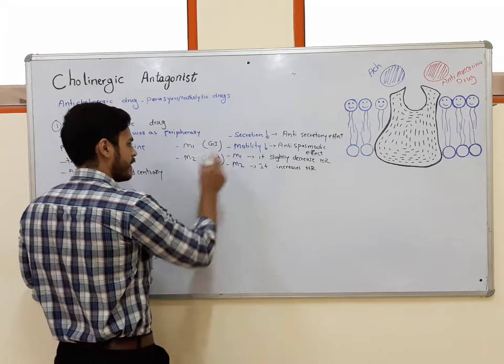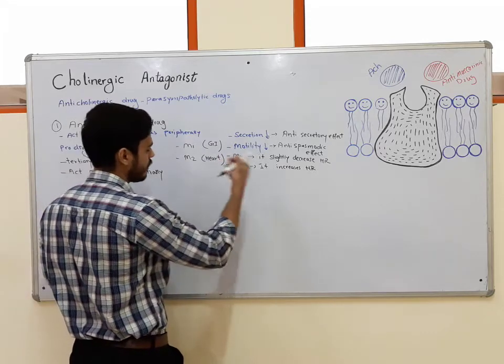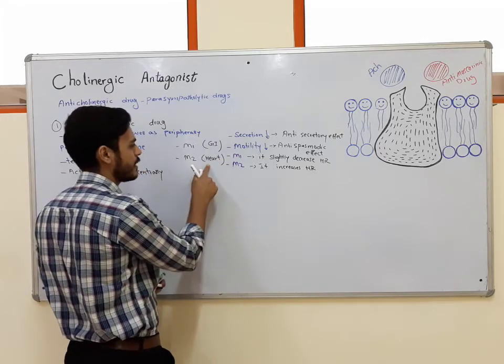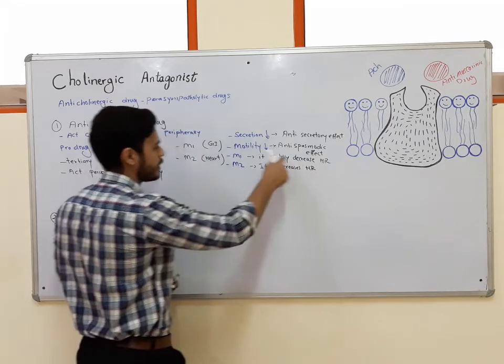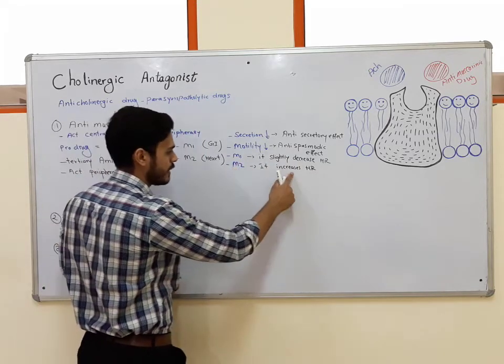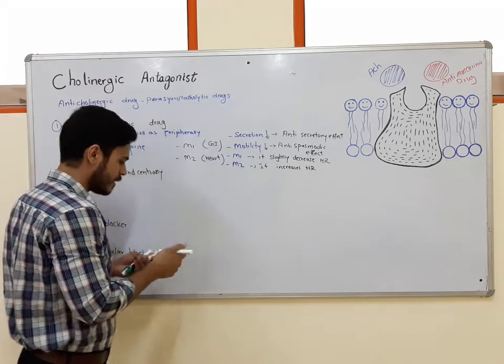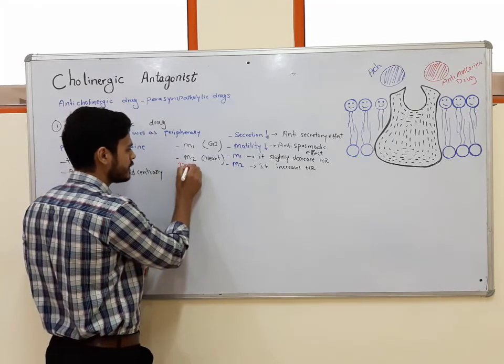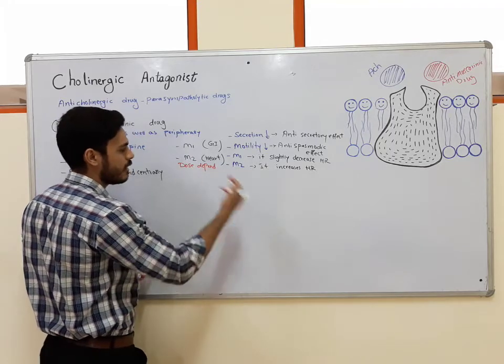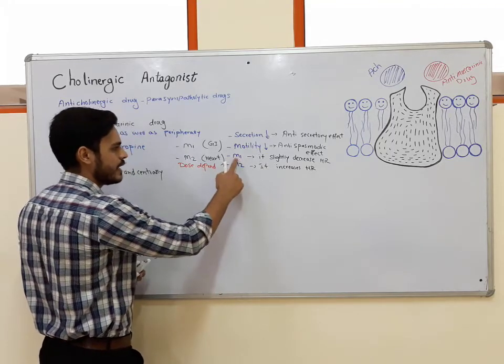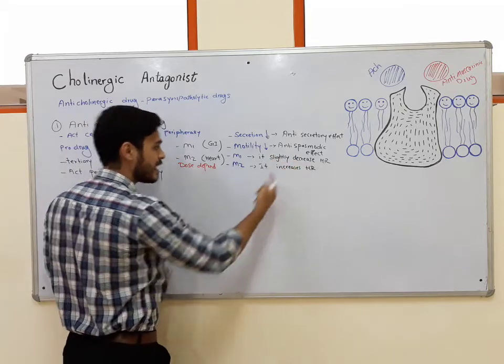And these two effects on the cardiovascular system: when it binds to the M1 receptor, it decreases the heart rate. When it binds to the M2 receptor, it increases the heart rate. This effect is dose dependent. It means that when we give it in low doses, it can decrease the heart rate.